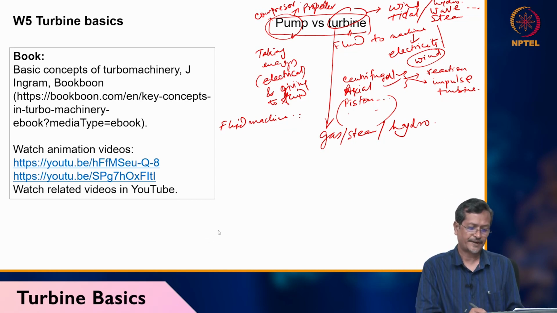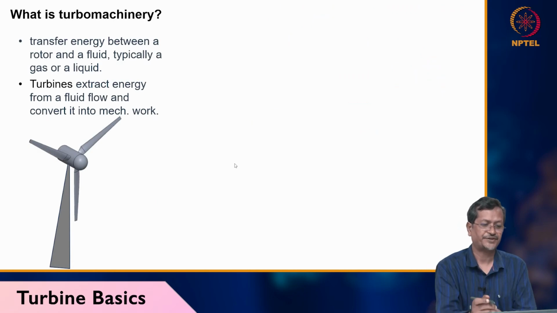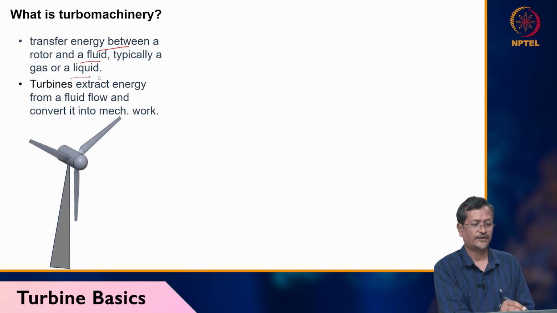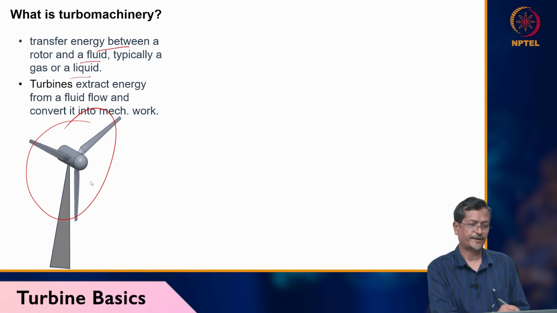So turbomachinery blade nomenclature. Okay, so first we will see the turbomachinery definition. Turbomachinery transfers energy between rotor and a fluid, typically gas or liquid, or steam. Gas may be steam, you can say, gas or liquid, or gaseous phase and liquid phase. Turbine extracts energy from a fluid flow and converts it into mechanical work. So here one example I have given from my research work.